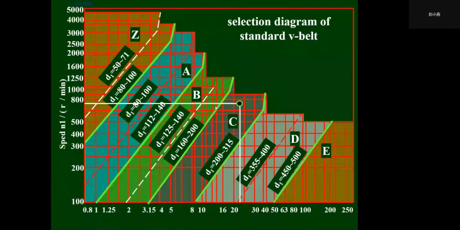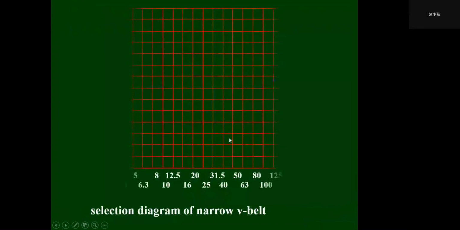For example, from this selection diagram, this point is located in area C, so we choose C type, and the diameter should be larger than 200 and less than 315.